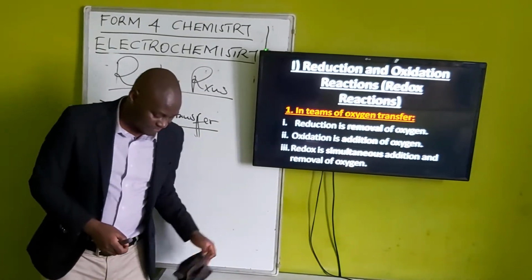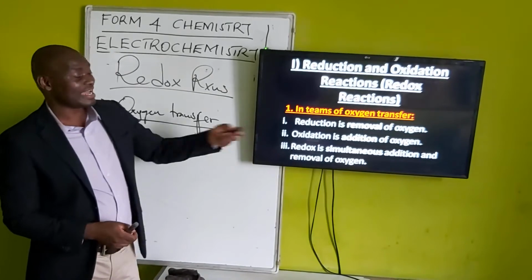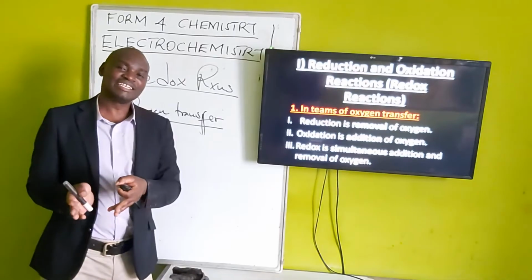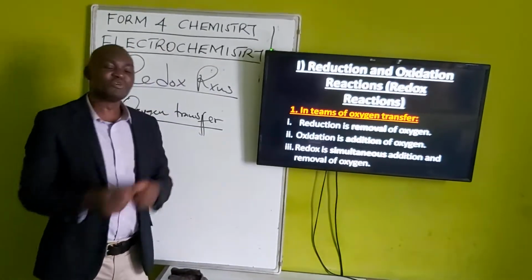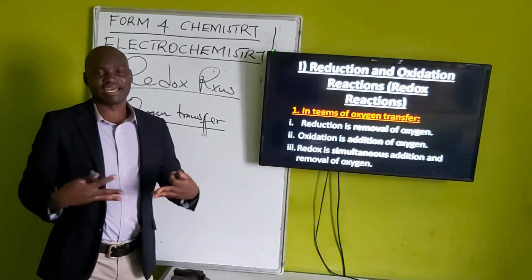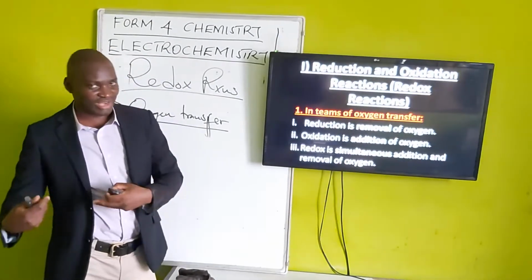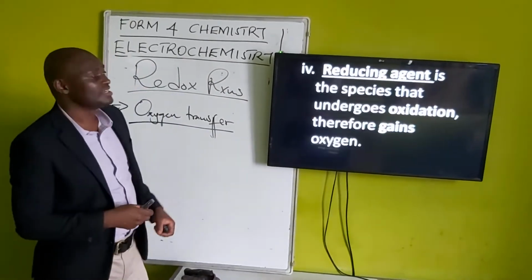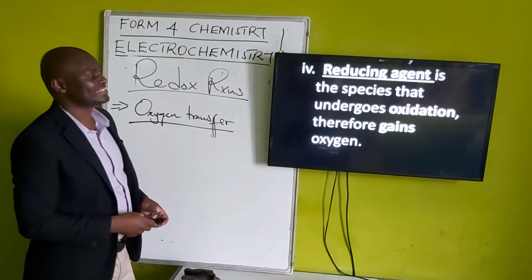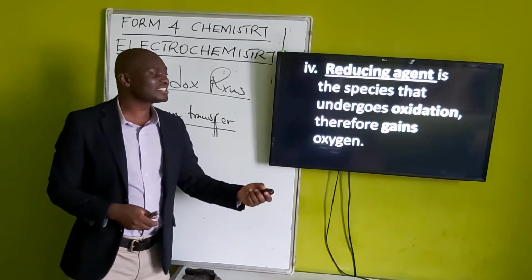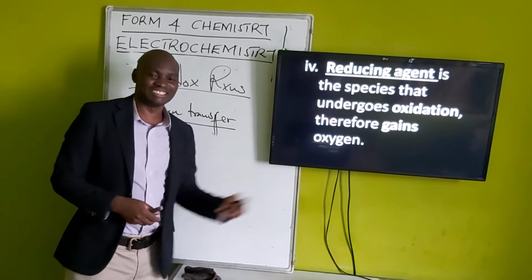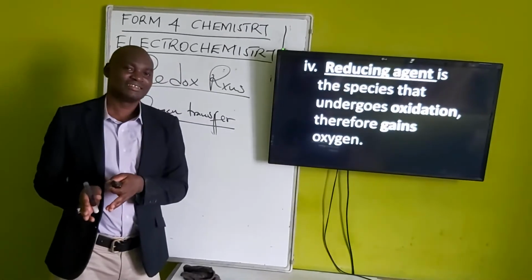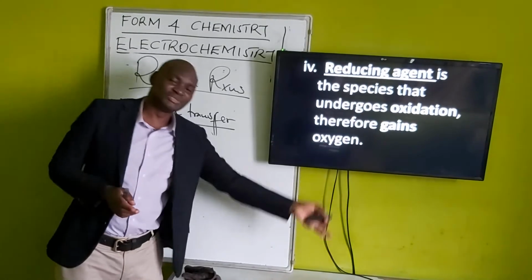Redox reaction is the simultaneous addition and removal of oxygen, meaning a reaction where there is both removal and addition of oxygen. Then when we come to reducing agents, this is a substance that undergoes oxidation, meaning an oxidizing agent oxidizes a reducing agent.